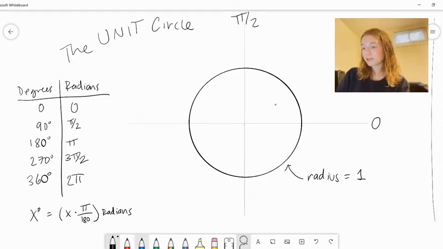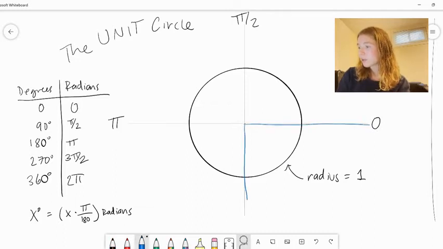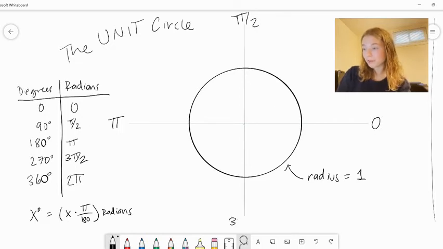Now if you go on in this way, you can find the degrees for every axis. The angle between these lines is 180 degrees, or pi radians. And if you take these lines and you go all the way around the long way, the angle will be 270 degrees, or 3 pi over 2 radians.